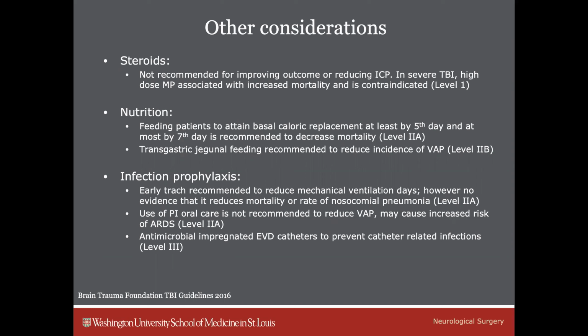Use of oral care is not recommended to reduce VAP. And then the other thing to consider to reduce infection is the use of antimicrobial EVD catheters. We typically use that for all EVDs here at this institution, and that has been shown in other diseases as well to reduce the incidence of meningitis and ventriculitis.